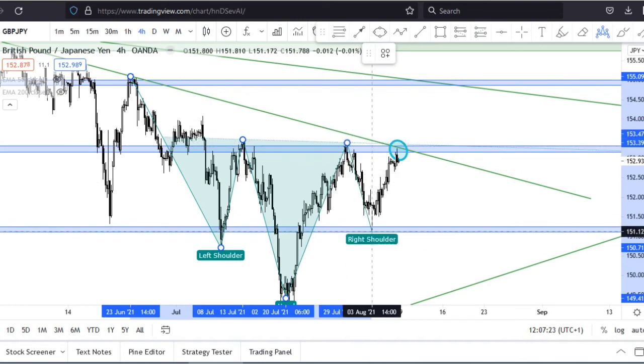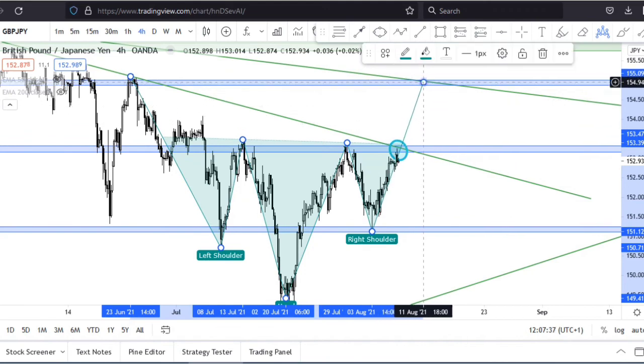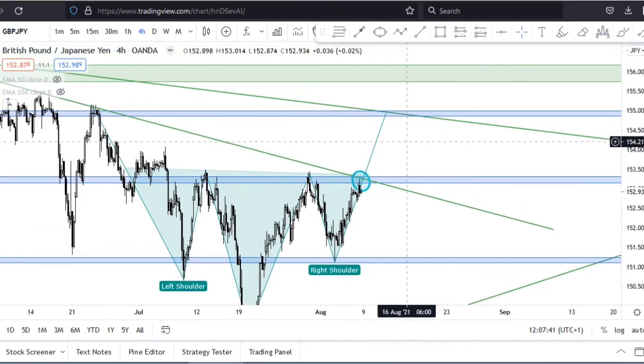We were able to capitalize on this up move last week when price got to this right shoulder, and price has now gotten up to this level. So a break above this level will mean a continuation to the upside to complete the head and shoulders pattern, and then we'll see how price reacts to this weekly trend line over here, as well as the daily resistance level over here.